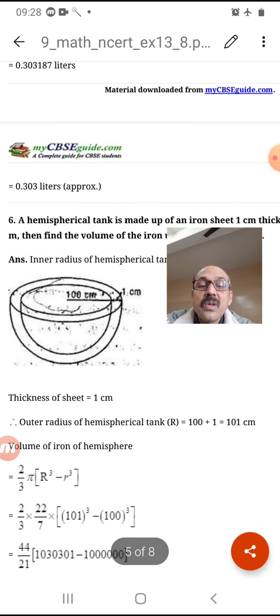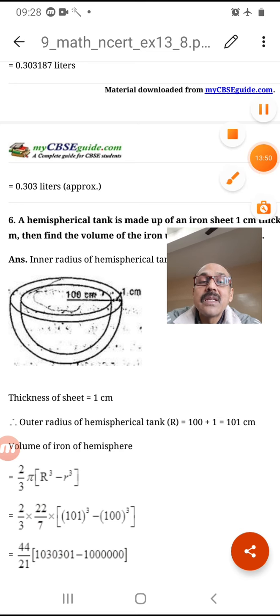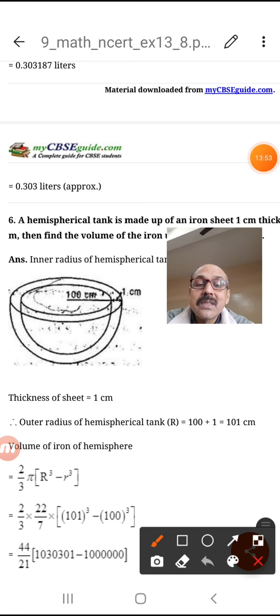Now the outer radius is inner radius plus thickness. So the inner radius is 100 centimeter and the thickness is 1 centimeter. So 100 plus 1, that is 101 centimeter. This is the outer radius.